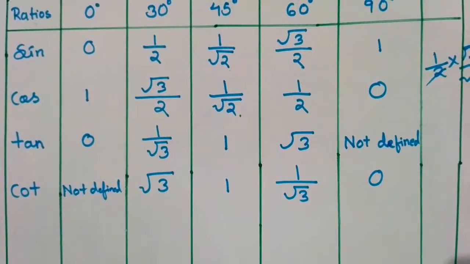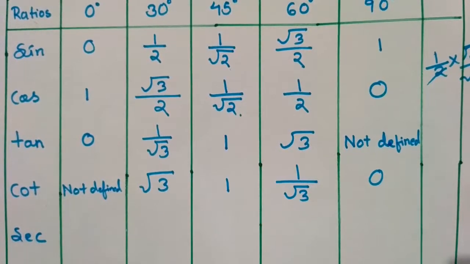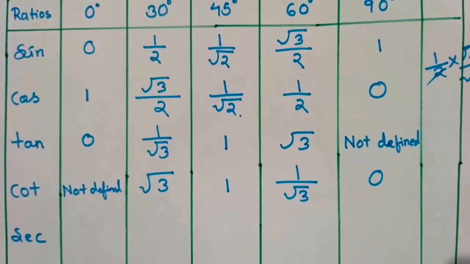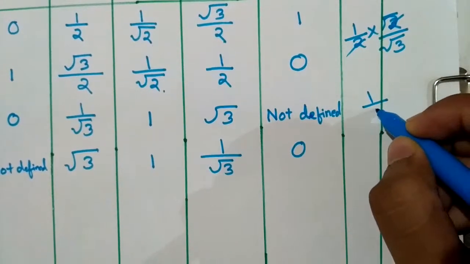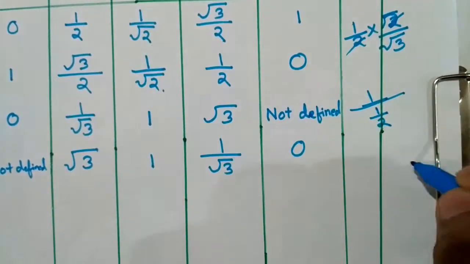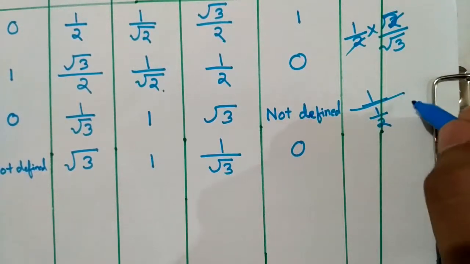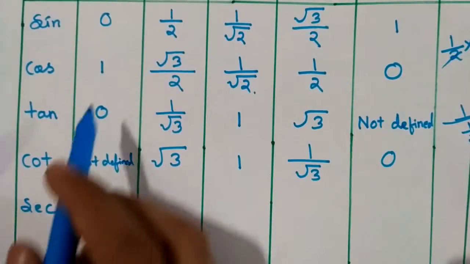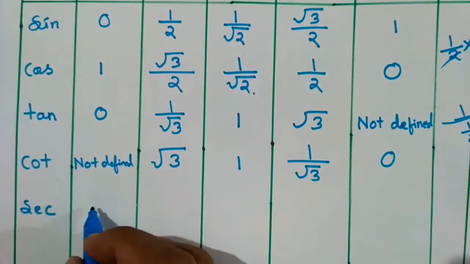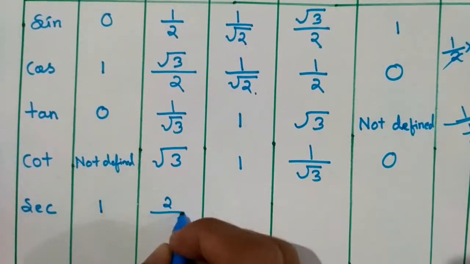Now 2 are left, that is sec and cosec. For sec, it's a very simple process. For sec, the process is 1 by cos. So friends, if I write here 1 divided by 1 by 2, then what will be the answer? The answer will be the reciprocal of 1 by 2, that will be 2 by 1, or 2. The same process here. So 1 by cos is 1, so it will remain 1. Root 3 by 2, 1 divided by root 3 by 2 will be just the reciprocal, that will be 2 by root 3.